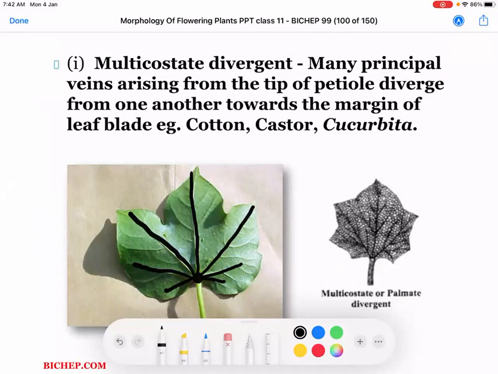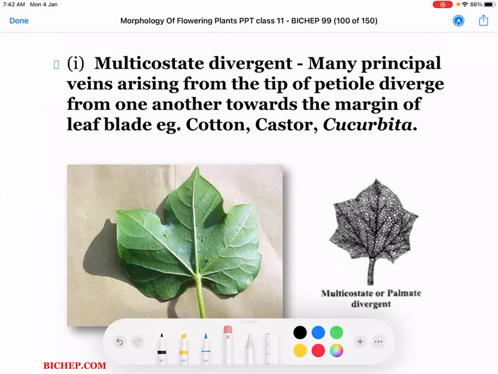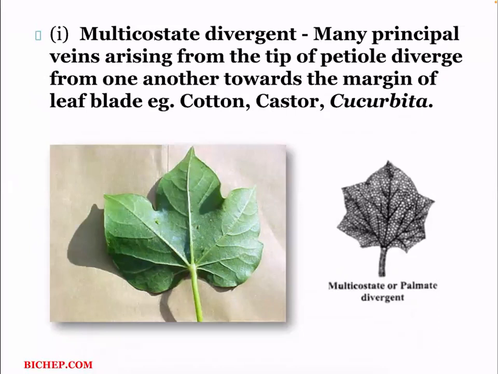Ready? So that's why they are divergent. Examples: cotton, castor, cucurbita, etc. Please take the screenshot.